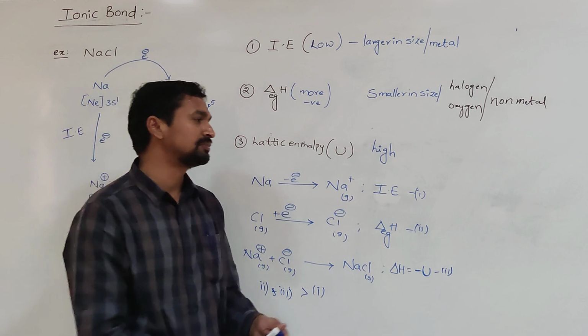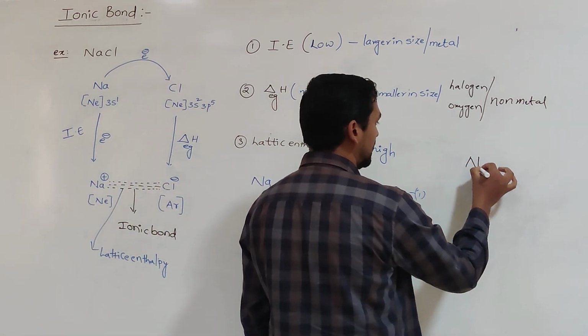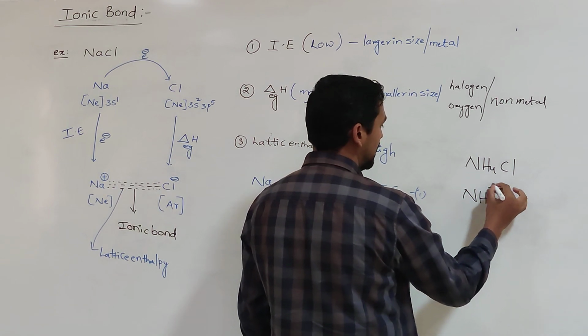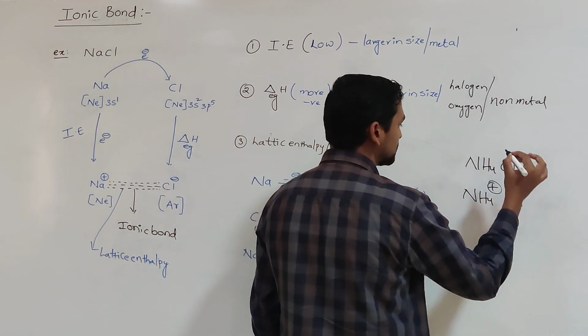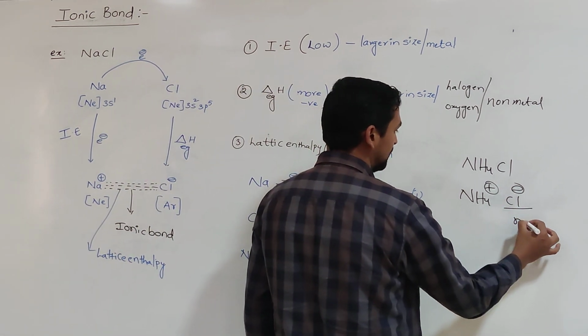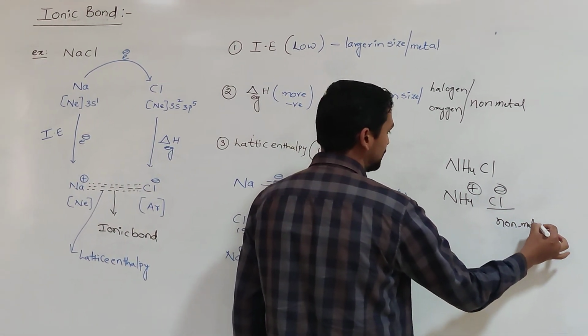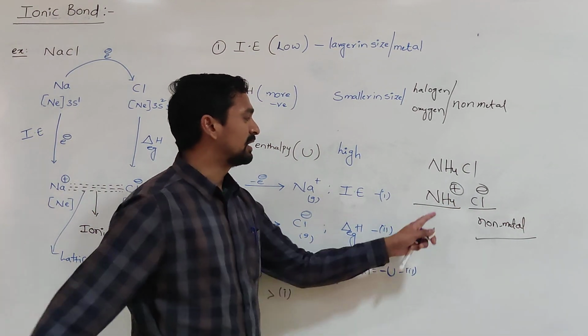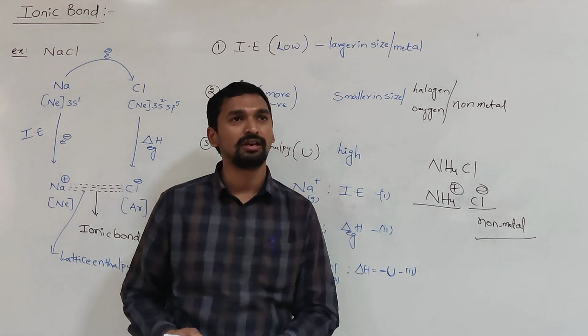But there are certain exceptions, like ammonium chloride, NH4Cl. Between the ammonium and chloride ion, the bond present is called an ionic bond. Here, chloride is a non-metal. We can clearly say that the anion should be formed by the non-metal. But what about NH4 plus? Nitrogen is a non-metal, hydrogen is also a non-metal.